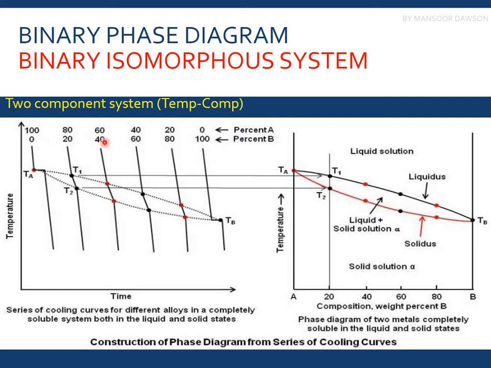We have taken around 6 compositions, starting with 100% of A and ending up with 100% of B with 0% of A, and we have started to increase the percentage of solute B over here, and we are cooling it down. So this is a time-temperature cooling diagram.